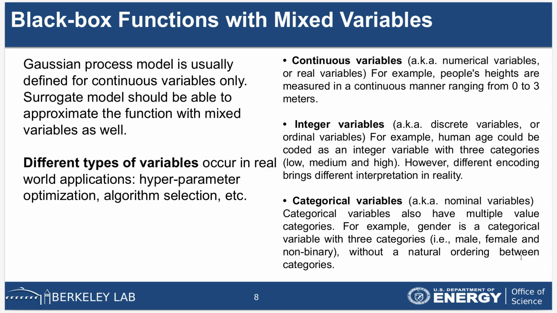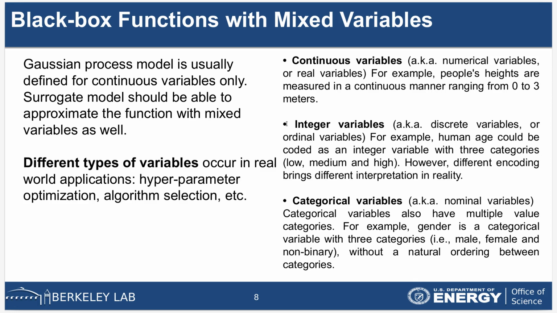For example, the continuous variable could be numerical variables like human's height, while the integer variables could be modeled after integers like human's age. And then the categorical variables, however, are much more difficult, like human's gender. There's no order and there's no magnitude information in the encoding.